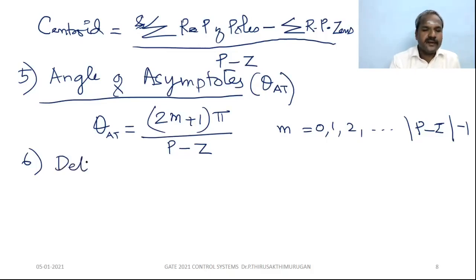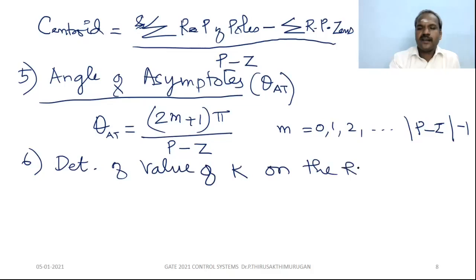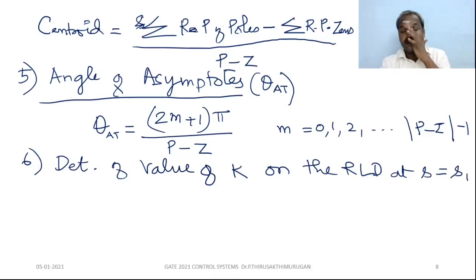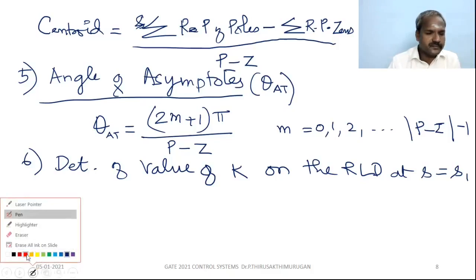Determination of the value of K on the RLD. At any point S equal to S1 on the root locus diagram, we can calculate the K value. So what is the K value formula?